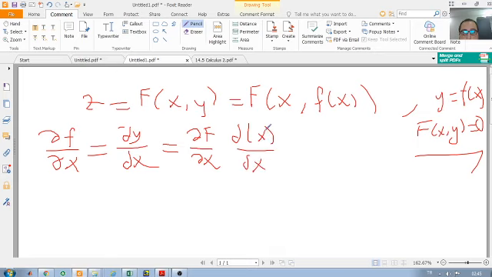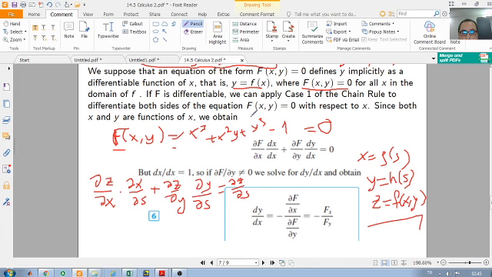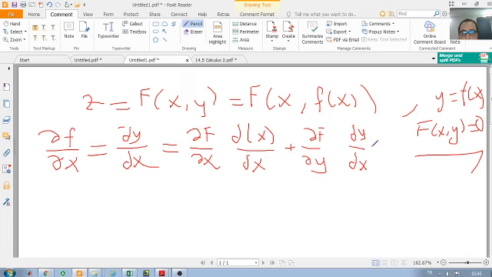What is the derivative of x with respect to x? It is equal to 1, plus del F over del y, we use the second variable now, times dy over dx. So here we have an equality, namely F of x, y is equal to 0. Therefore on the right side of this equation, the derivative of 0 is equal to 0.